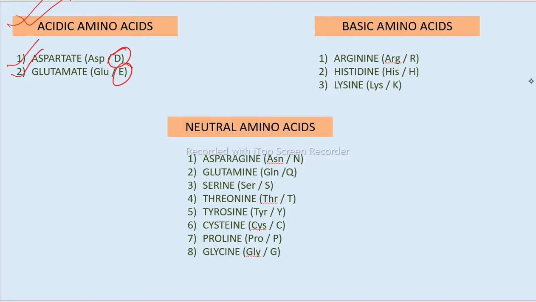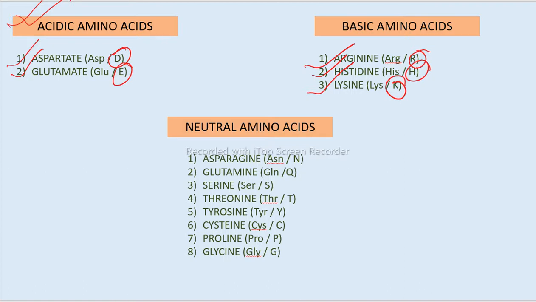Basic amino acids are arginine, there is an R, histidine, there is an H, and lysine, there is a K. RHK: arginine, histidine, and lysine. Arginine, there is an R sound, that's why its short form is R. Histidine, H and H are the same.